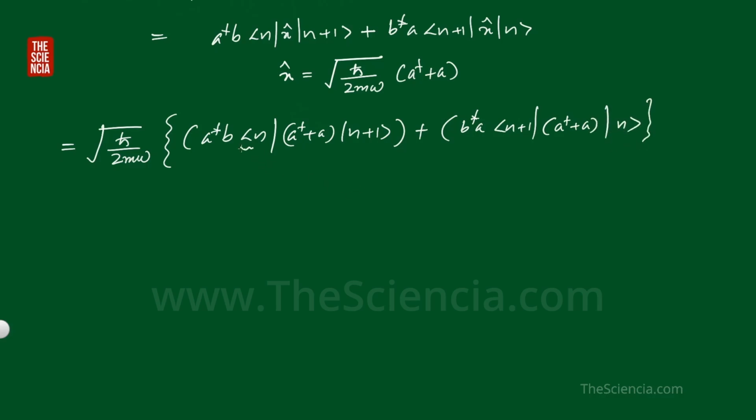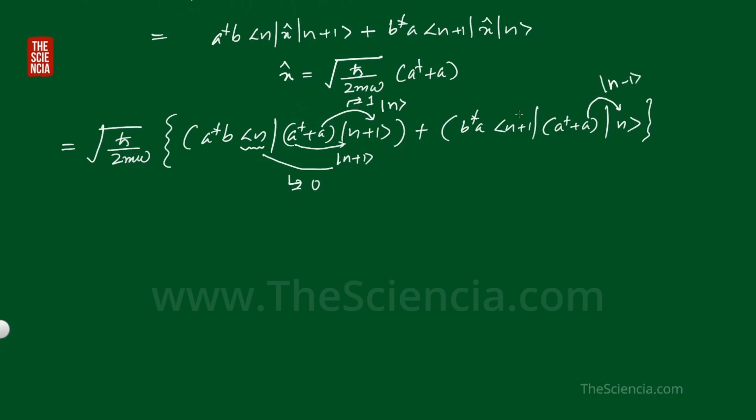So here what we have, bra n. Okay, if the annihilation operator operates on the state, we will get n. And if the creation operator operates on this one, then we will get a state n plus 1. So the scalar product of these two is equal to 0 and this one is equal to 1, right? And when the annihilation operator operates on ket n, we get a state n minus 1.